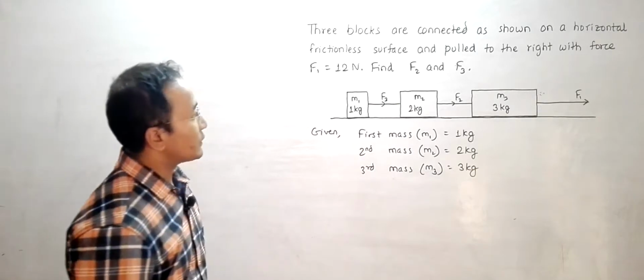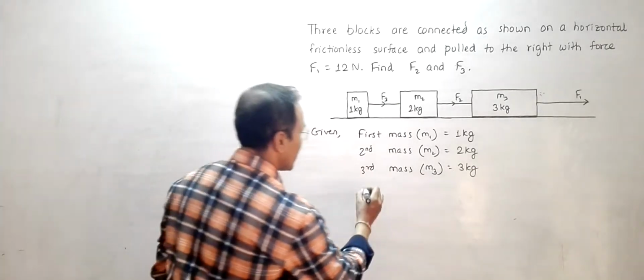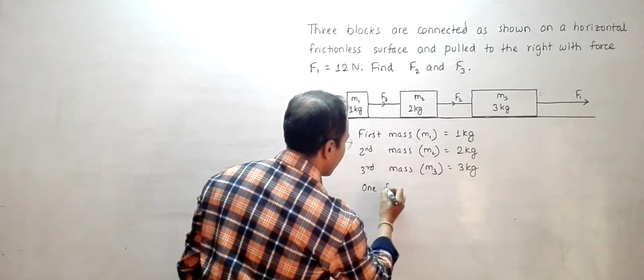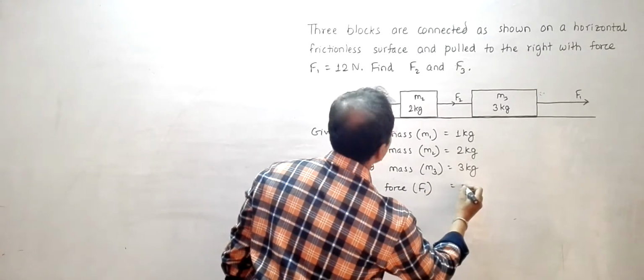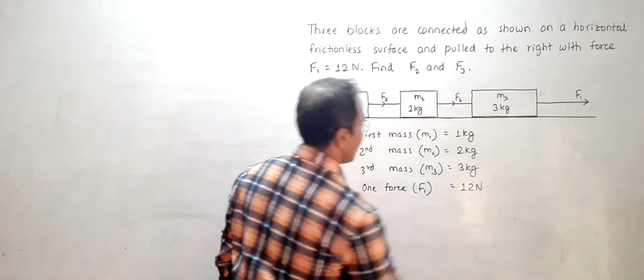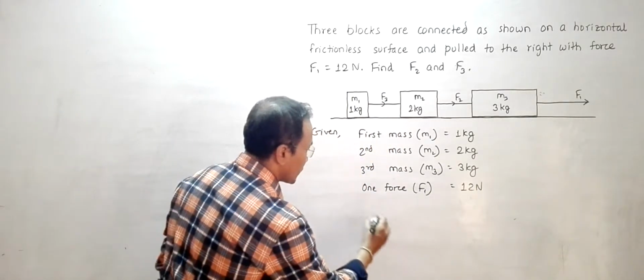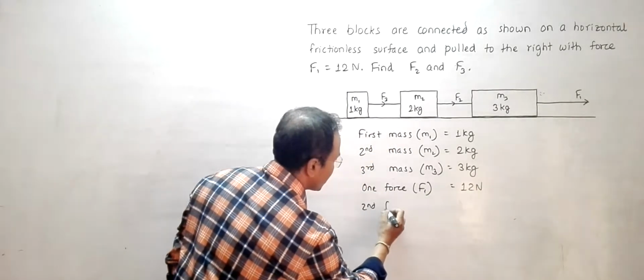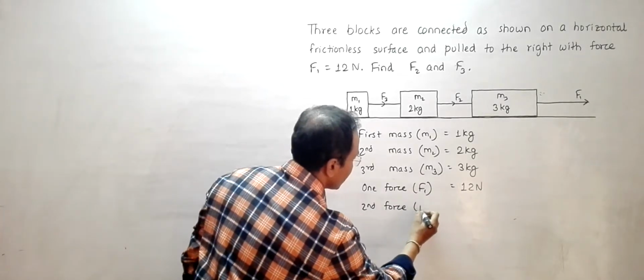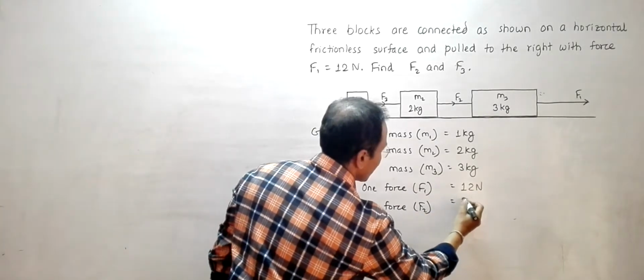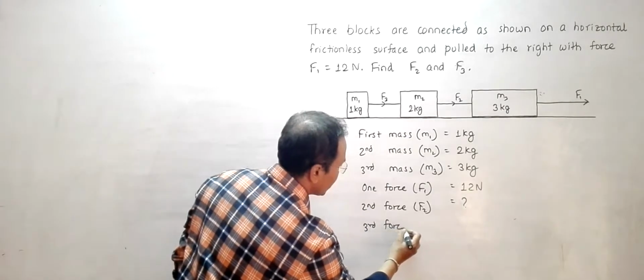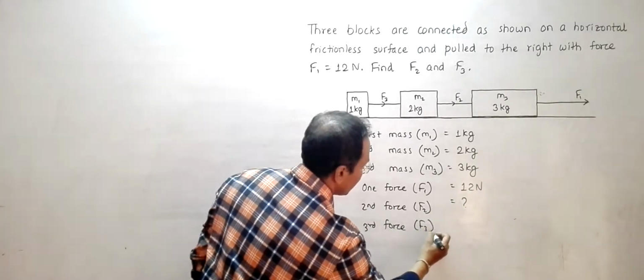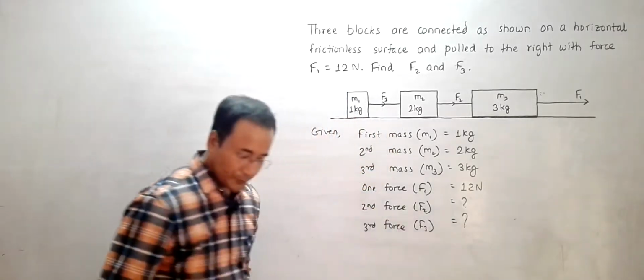And we know one of the forces, F1 is equal to 12 Newton, and we want to know the other forces. The second force F2 equal to what, and the third force F3, that also is equal to what.